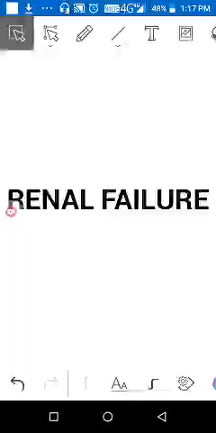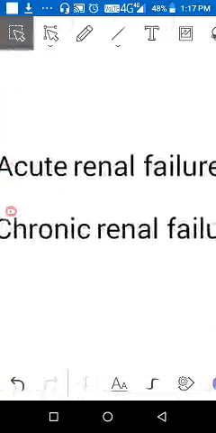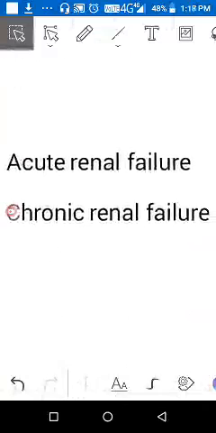So this renal failure can be divided into two conditions, the acute and chronic renal failure. Depending upon its nature, the renal failure can be divided into the acute and chronic. Okay, what is acute?